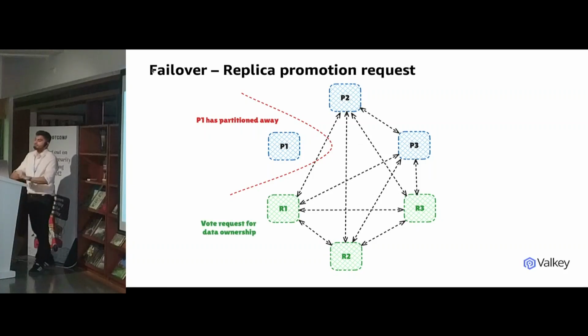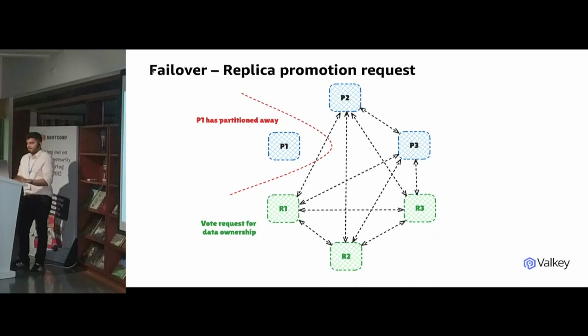And then a replica, being an election candidate, could ask, hey, I'm still healthy. I can be an owner for this particular shard. Please take in my request and approve this. This vote request goes to all the primaries in the cluster and they take a decision if they want to approve it or not.